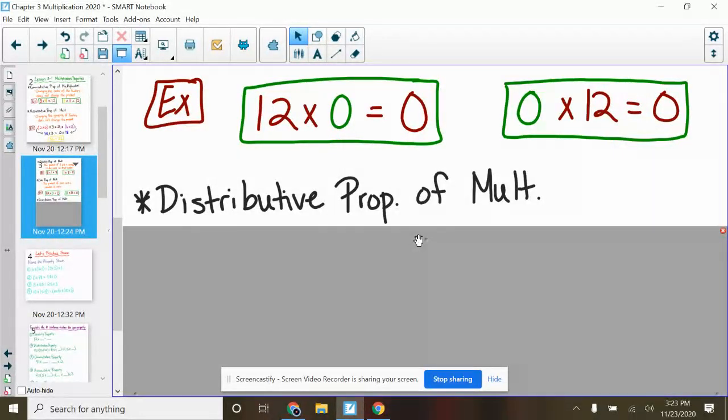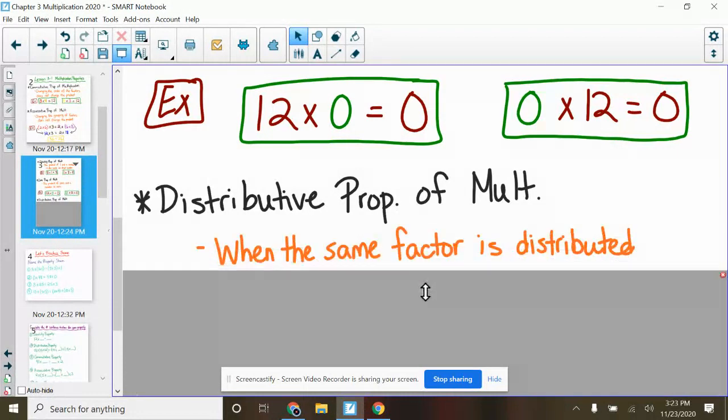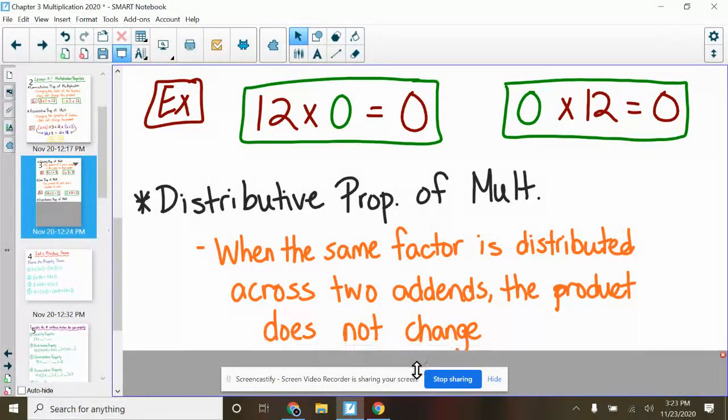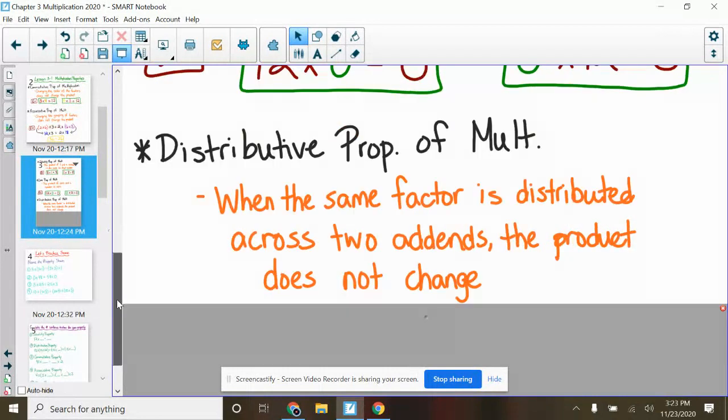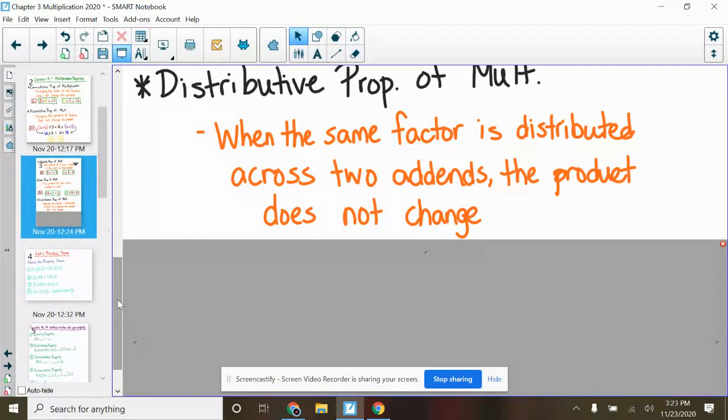So the distributive property of multiplication tells us a little more lengthy information: when the same factor is distributed across 2 addends, the product does not change. Right now, I know those words might feel somewhat confusing, but there are words in that definition that you know, like the word factor.